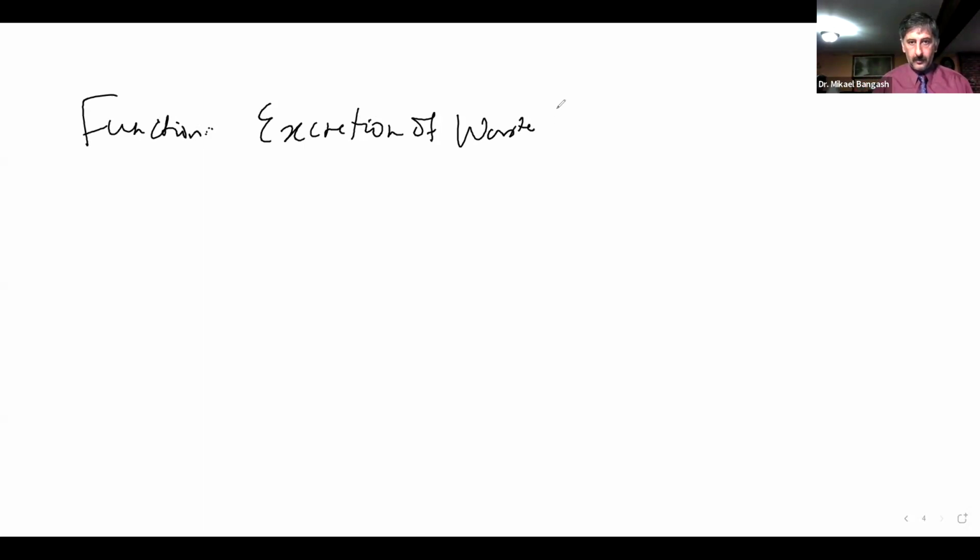Or more likely we can say here is what we mean by the waste is mainly going to be metabolic waste. And that's pretty much why we use the word excretion. Clear? Okay.